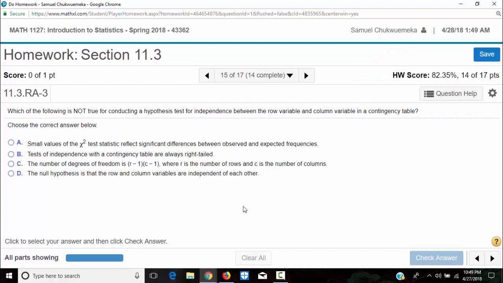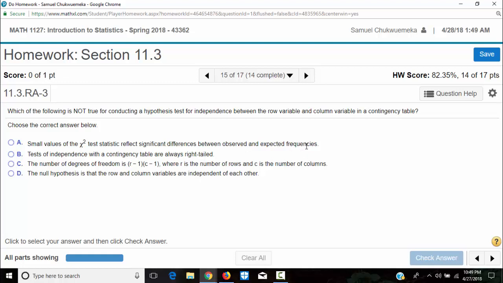Question 15. Which of the following is not true for conducting a hypothesis test for independence between the row variable and column variable in a contingency table? Small values of the chi-square test statistic reflect significant differences between observed and expected frequencies.